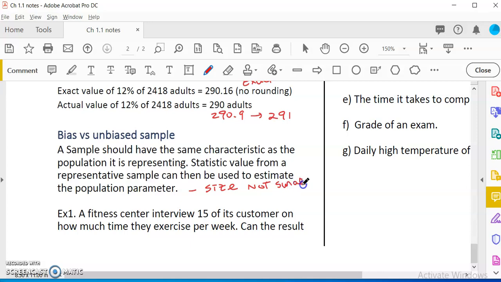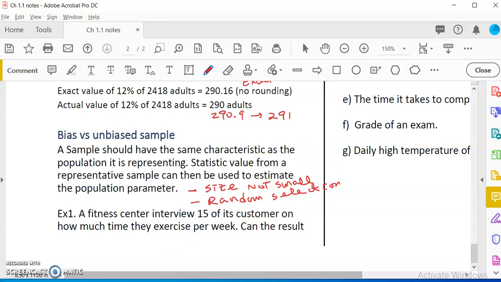You can't just say, oh, I'm going to collect 3% and then use it to estimate the population. That's too little. And then also it has to be random. When you pick your sample, it has to go through random selection.